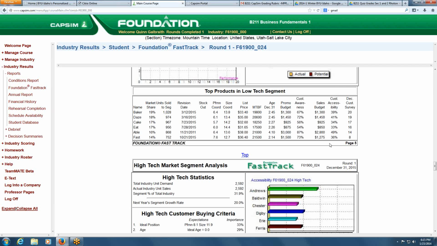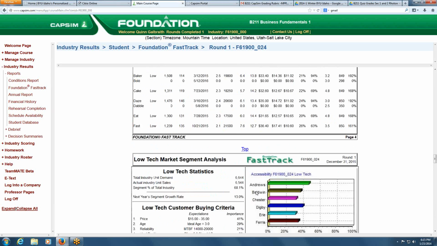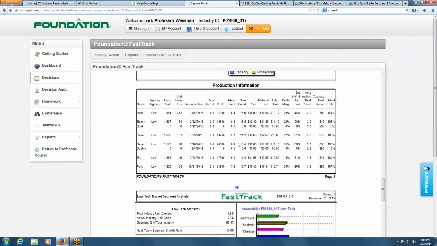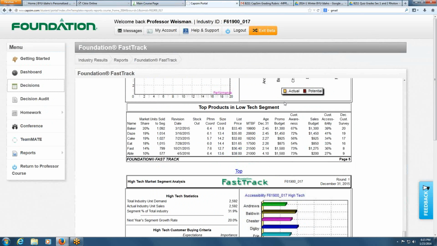So if we look at this person who sold the most, and we look at their product more in depth because we want to see why this other person didn't sell as much, we'll be able to see some things. This person who didn't do so well is Able. Right here is their product, Andrews.